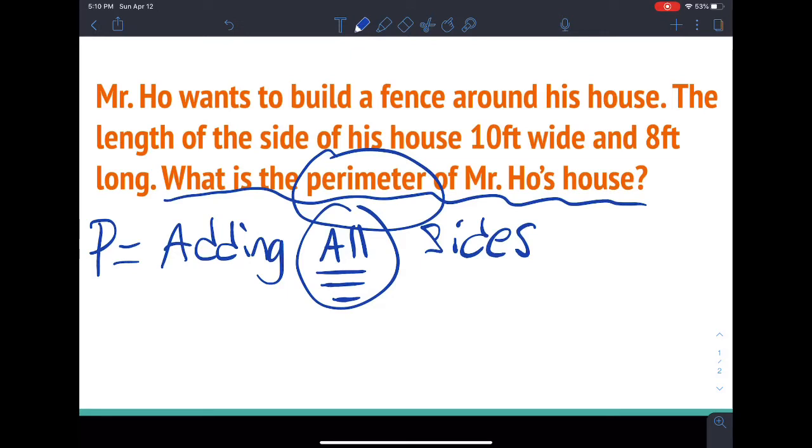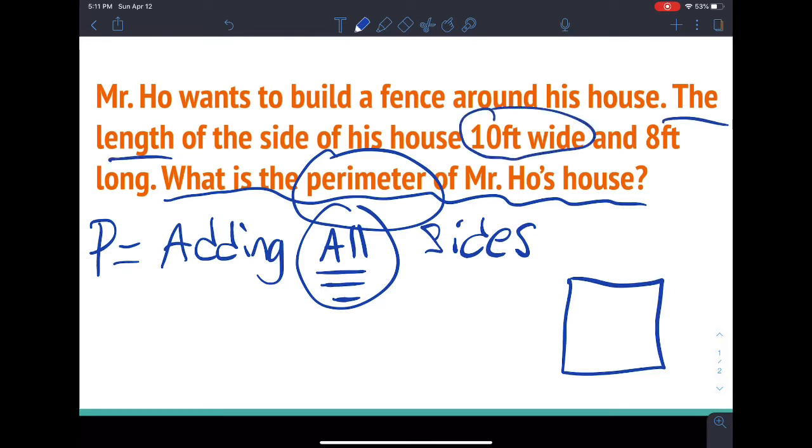So, it says he wants to build a fence around his house. Okay, so usually houses are like a rectangle or a square. And then it says the length of his house is 10 feet wide. So we're going to write 10 feet wide and 8 feet long.